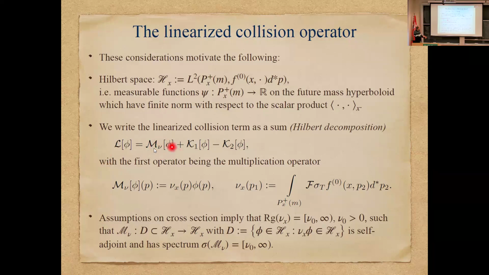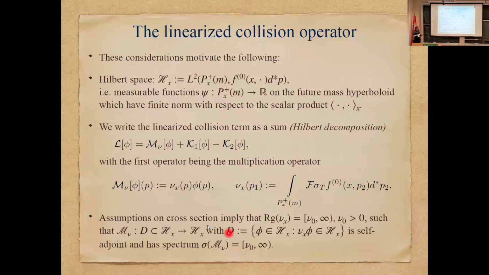It has the following form. It has this multiplicative operator, which is just a function nu times phi. And this function nu you can compute. It is given by this integral. It depends on the differential cross section. And then you have two operators, K1 and K2.